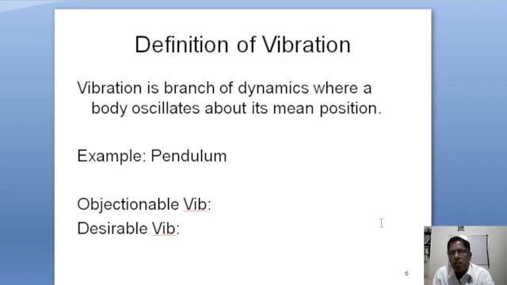As far as the definition of vibration is concerned, any deviation from the equilibrium is termed as vibration. An example of vibration is a pendulum which oscillates with simple harmonic motion. Most of the time these vibrations are undesirable, but in some cases vibrations are desirable as well. An example of desirable vibration is the pneumatic hammer which is used to dig the road.